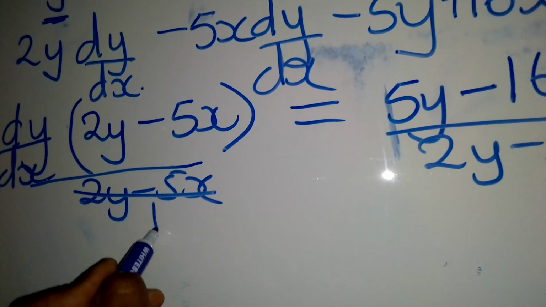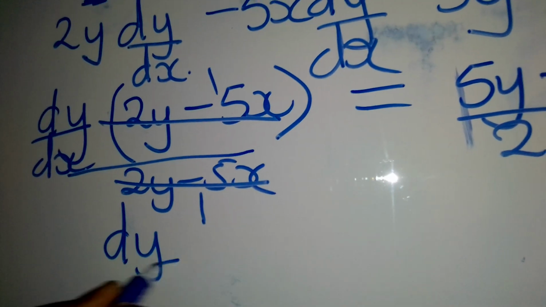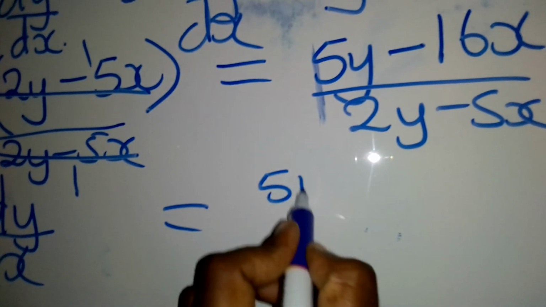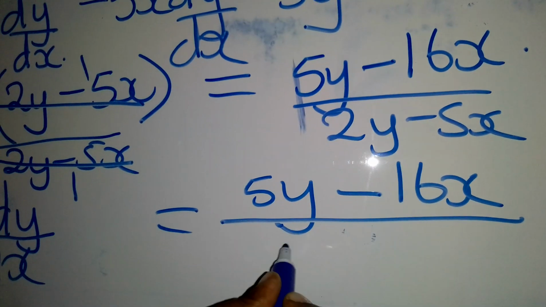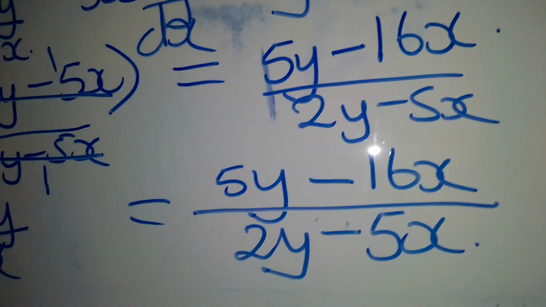So this into this, one into this one, we remain with dy/dx is equal to (5y minus 16x) all over (2y minus 5x).